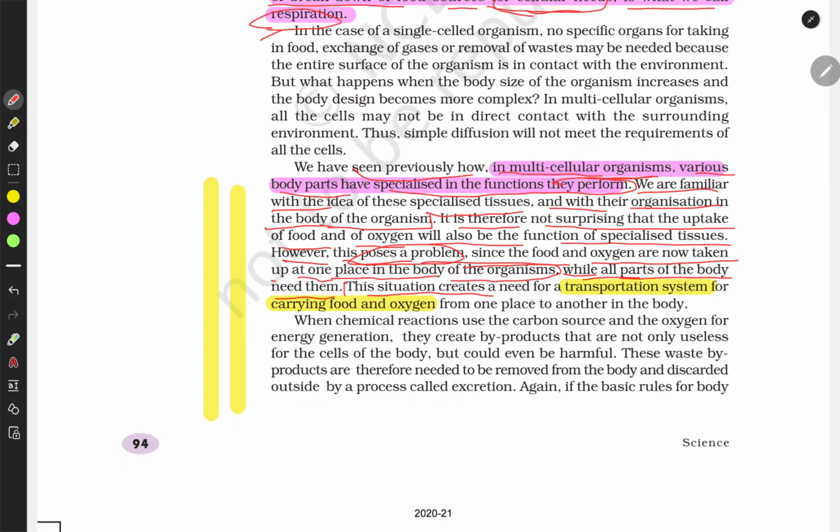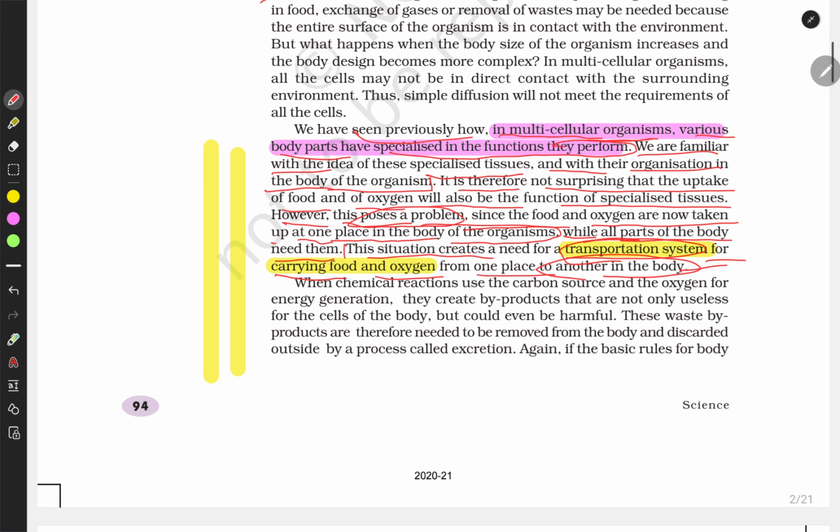This situation creates a need for a transportation system for carrying food and oxygen from one place to another in the body. When the chemical reactions use the carbon source and the oxygen source for energy generation, we create byproducts that are not only useless for the cells in our body but could also harm our body.